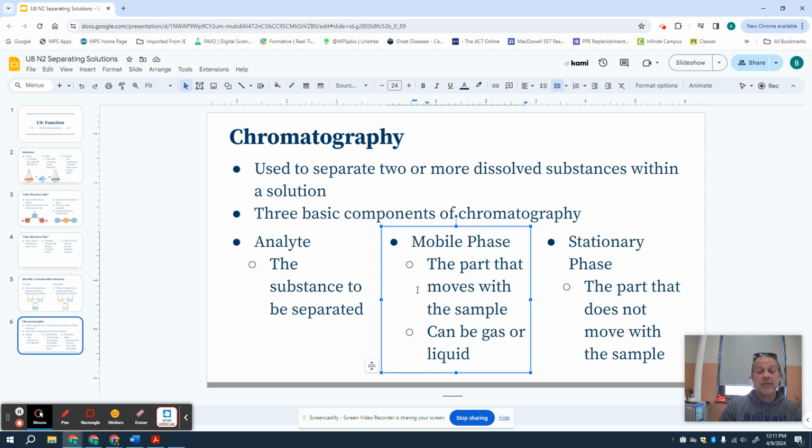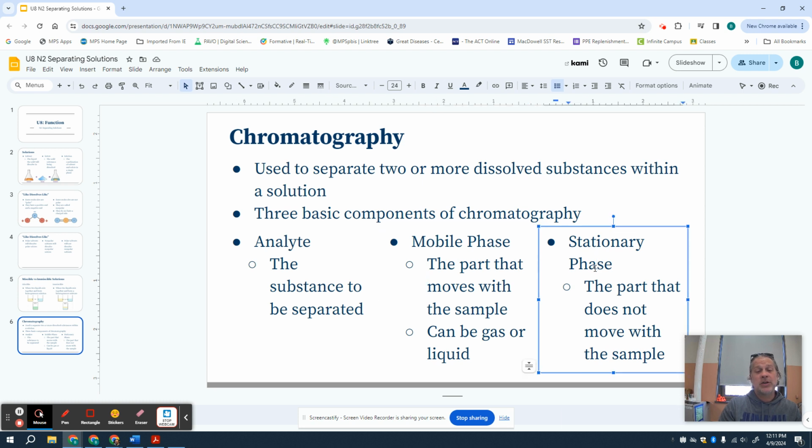And then lastly, we have the stationary phase, which is the part of the chromatography technique that does not move with the sample. In the type of chromatography that we're going to focus on, the stationary phase will be paper-based, and the mobile phase will be a solution of two or more dissolved substances. So that's the lesson for today.